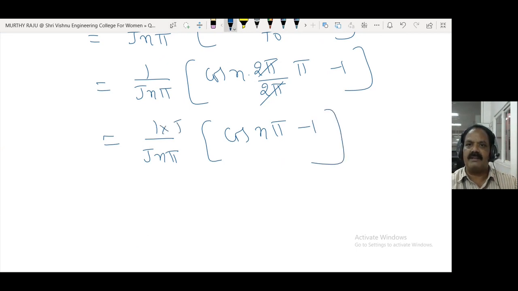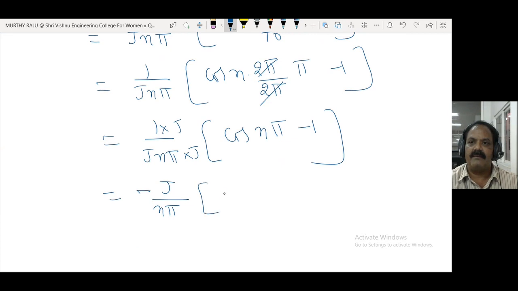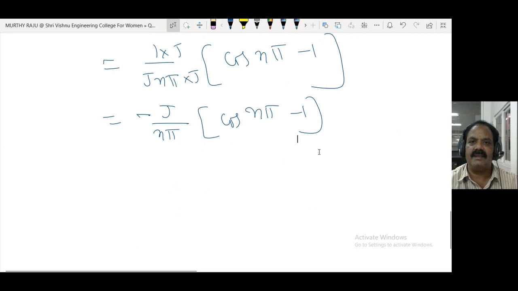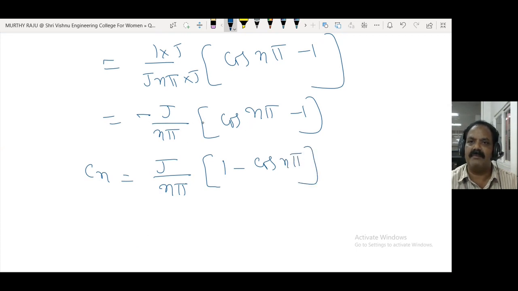Here numerator and denominator are multiplied by j square, giving minus j by n pi times cos n pi minus 1. Finally, Cn is equal to j by n pi times 1 minus cos n pi.